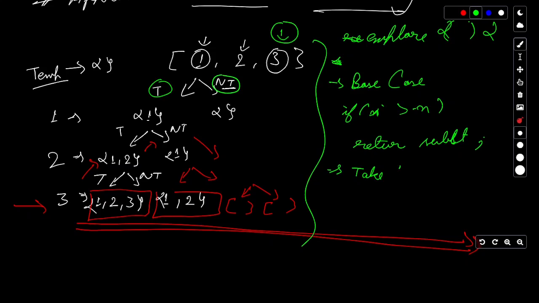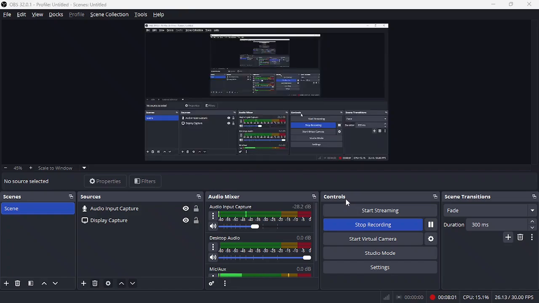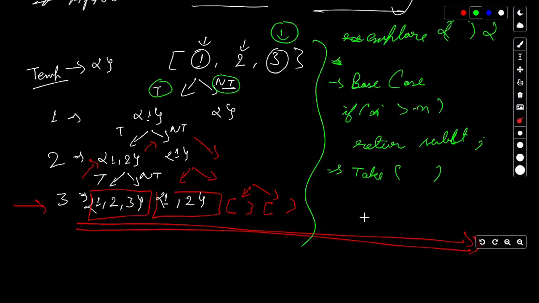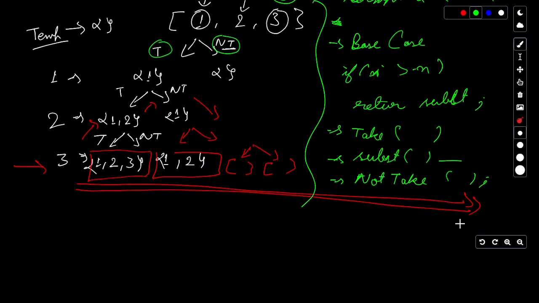First of all we will be taking this particular element, and then we will pop out the last element from subset, and then we will not take it, we will just go on and call this function again, and then at last we will just be returning.